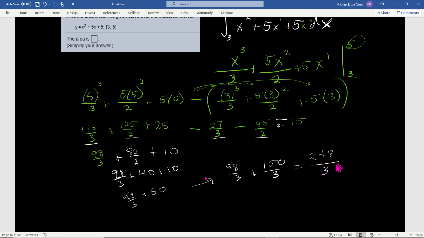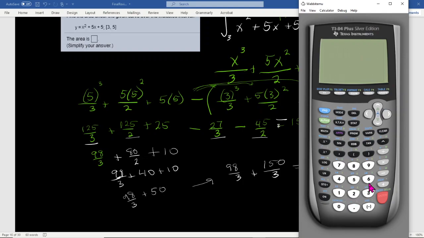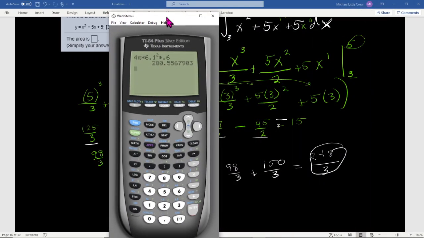That doesn't divide in evenly. So that's one answer, 248 divided by 3. And the other answer that is a decimal, and we'll see if they actually allow it, is 248 thirds as a decimal.